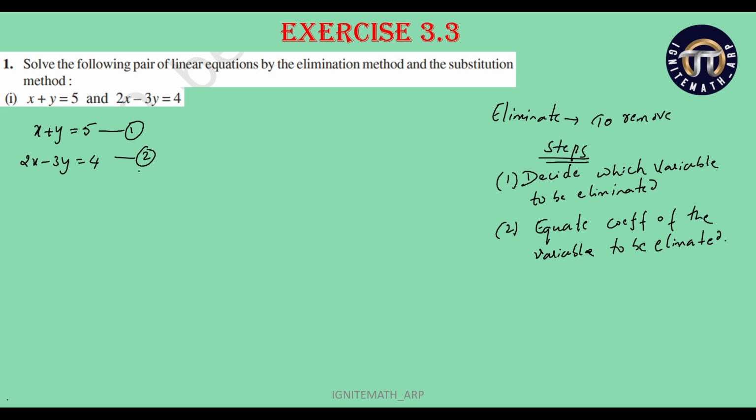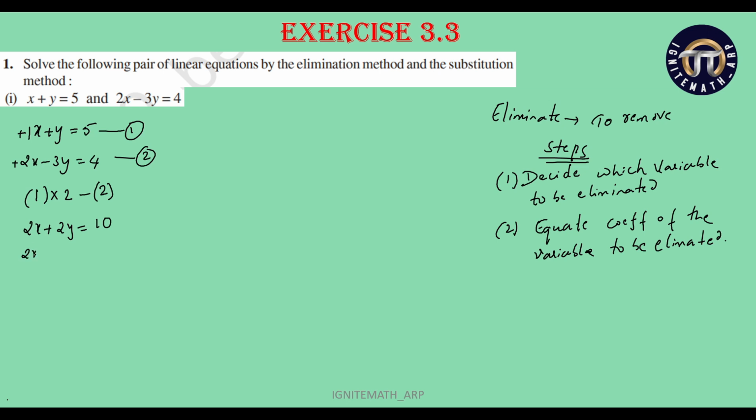So now I will decide what to be eliminated. I want x to be eliminated. So I will multiply equation 1 by 2, because the coefficient of x is 1. Then here plus sign is there, here also plus sign is there. If they have the same sign, I have to subtract. So subtract equation 2 from equation 1 after multiplying it by 2. Equation 1 multiplied by 2 gives 2x plus 2y is equal to 10.